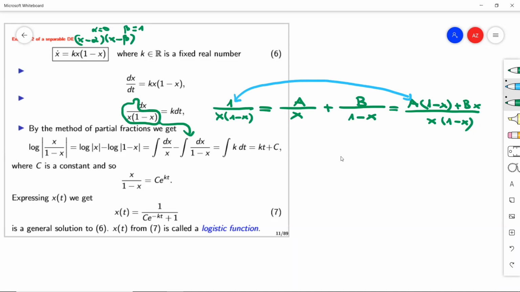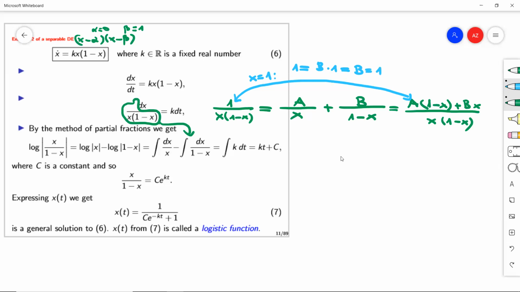One easy way to determine A and B without long derivations is to plug in x equals 1 once, and on the left-hand side we get 1, which is equal to, on the right-hand side, the first term A times 1 minus 1 disappears, and what remains is B times 1, so B is 1.